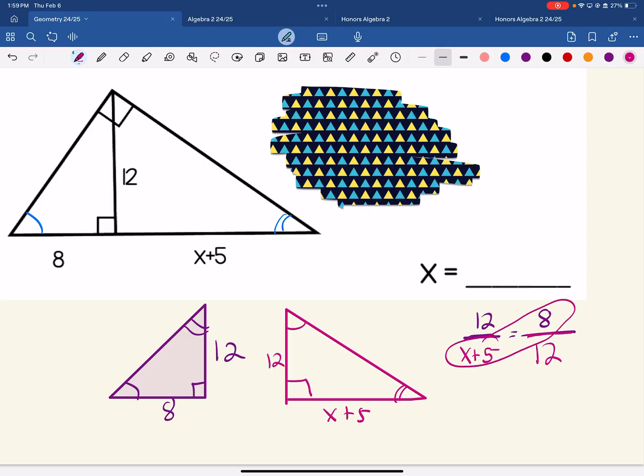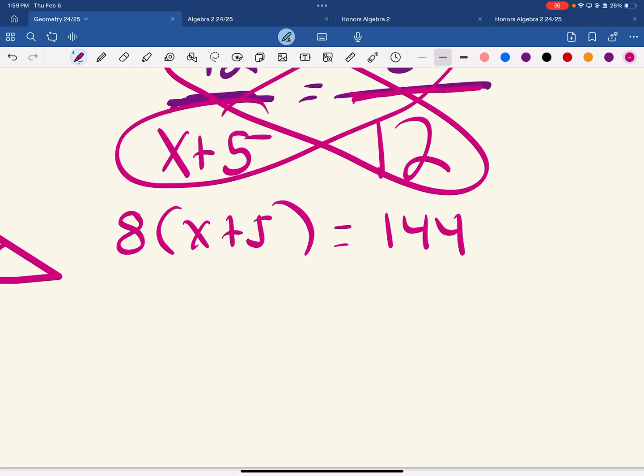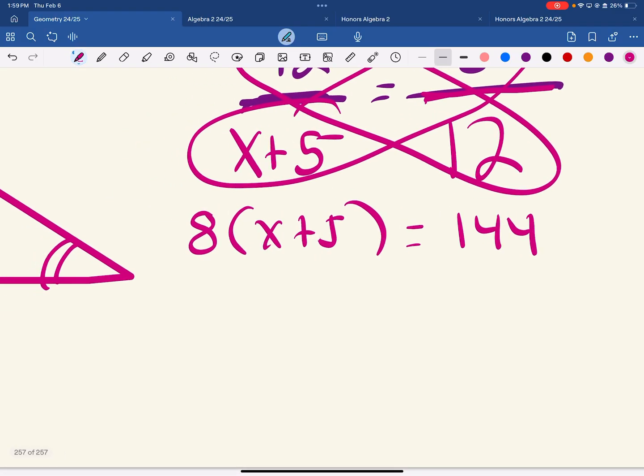Cross multiply. That's 8 times X plus 5 equals 12 times 12, which is 144. Distribute. That's 8x plus 40 equals 144.